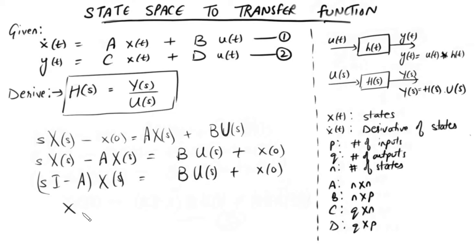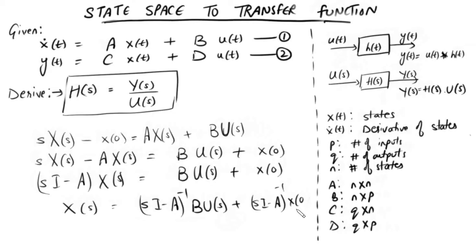And then x of s is basically (sI minus A) inverse B times u of s plus (sI minus A) inverse x of 0. Let's call this equation 3.